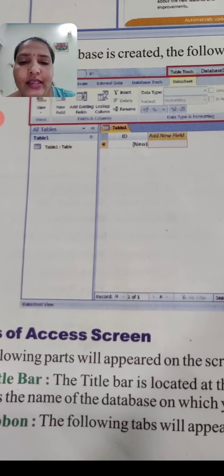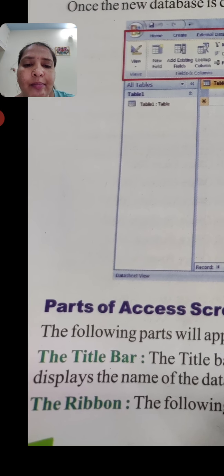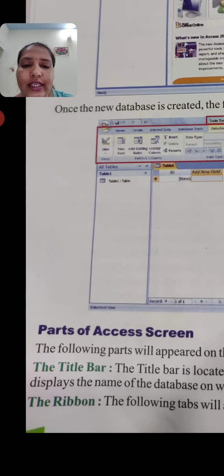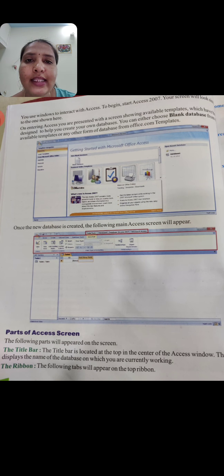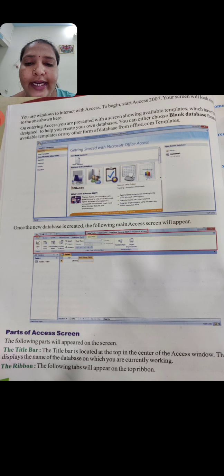See here, next we can see the parts of the Access screen. The title bar and the ribbon are the parts of the Access screen. These are all the title bars.